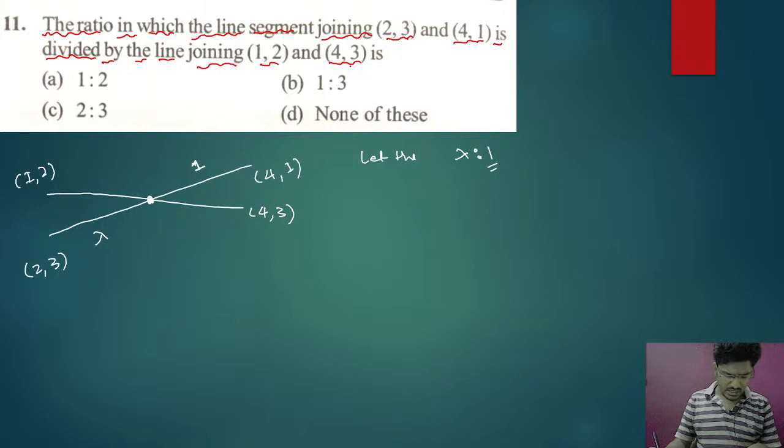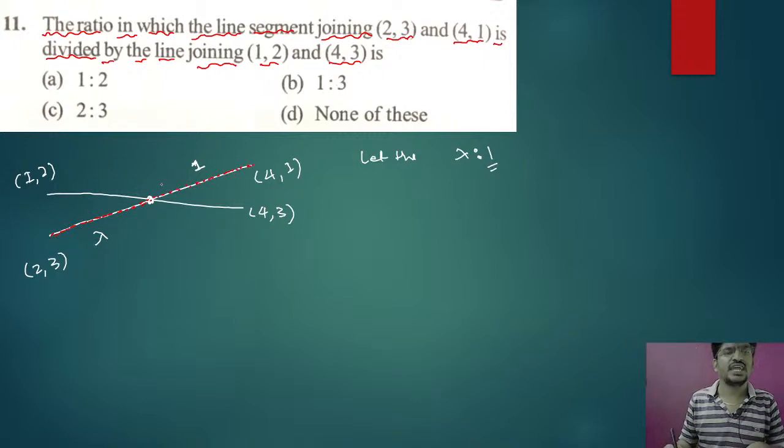So that means there are two lines. What they are asking is the ratio of this line where it is getting divided by the line joining the 2 points 1, 2 and 4, 3.